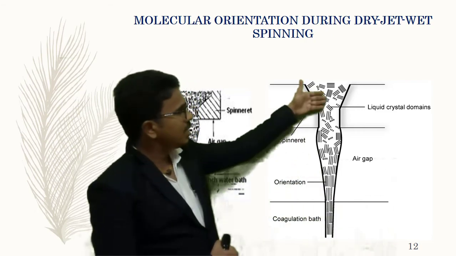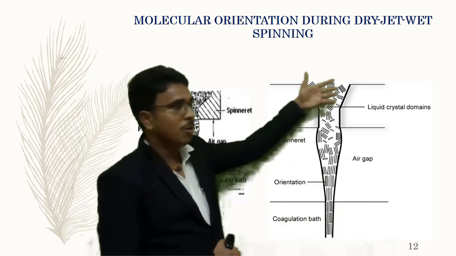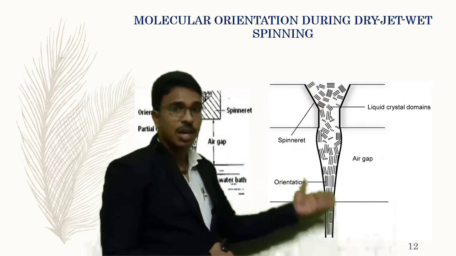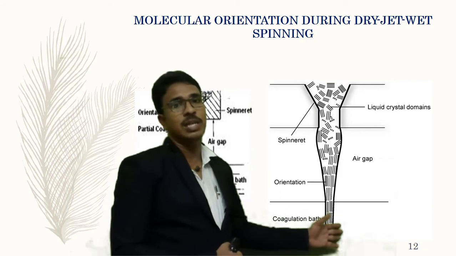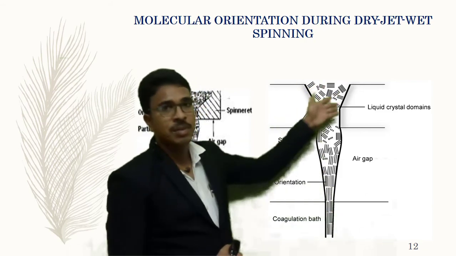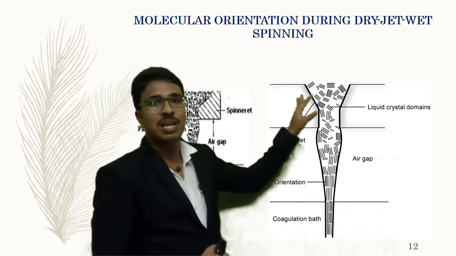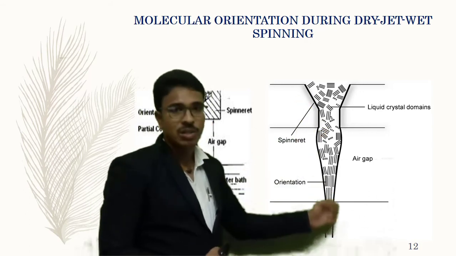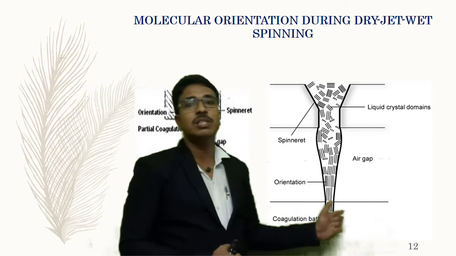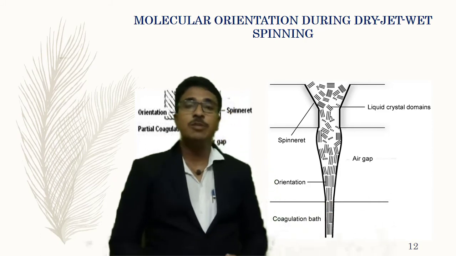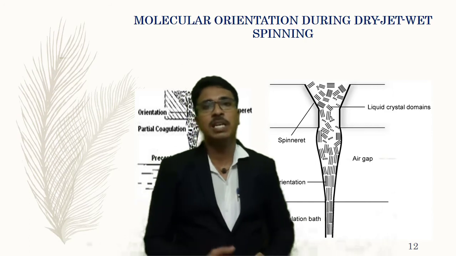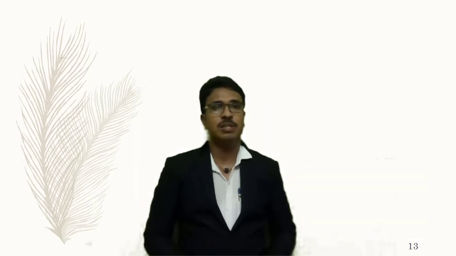From the beginning at the spinneret, we have a random or irregular arrangement of molecules. Now you can see an orderly arrangement of molecules in the filament structure, which makes it incomparable with dry spinning as well as the wet spinning process.